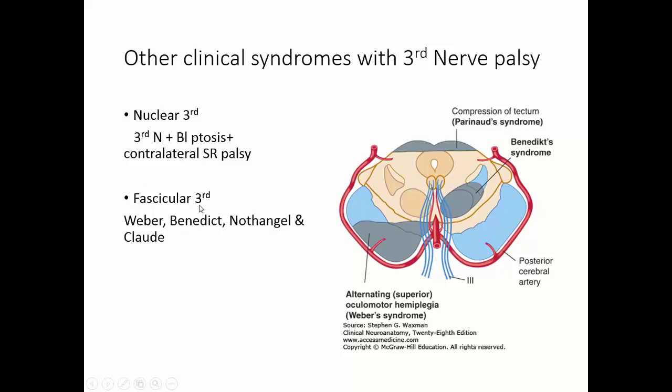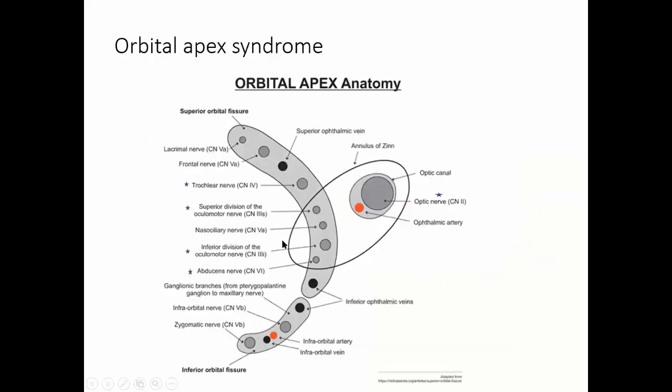Fascicular third nerve palsies are associated with a few distinct clinical syndromes like Weber, Benedict, and so on. These are due to the involvement of different neighboring structures. For eye surgeons, the orbital apex syndrome is very important, because these patients usually present to the eye surgeons, unlike other sixth nerve and fourth nerve palsies, which are referred mainly to neurologists.